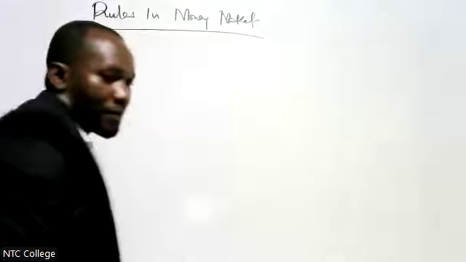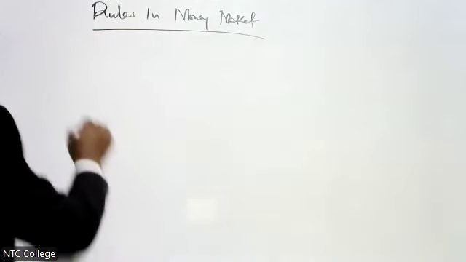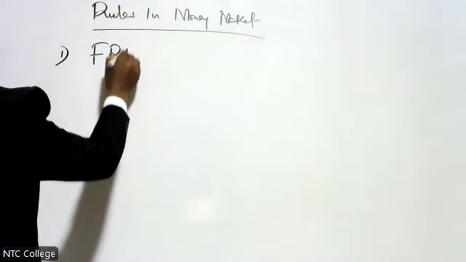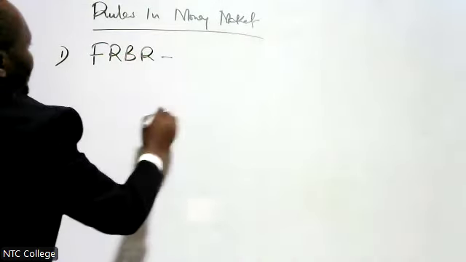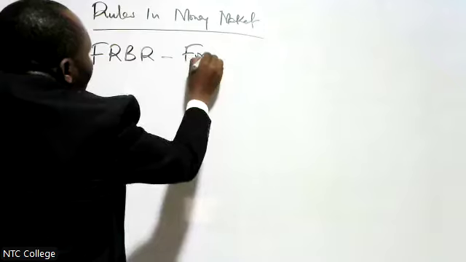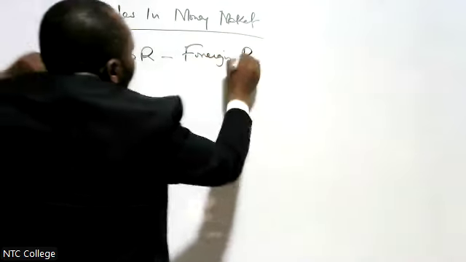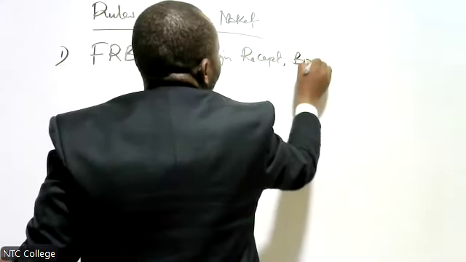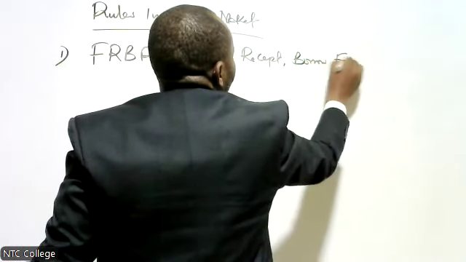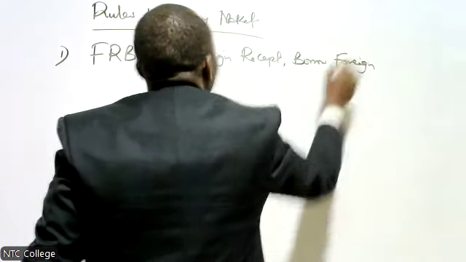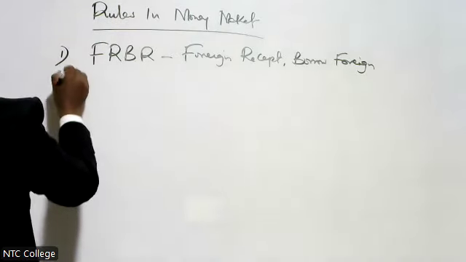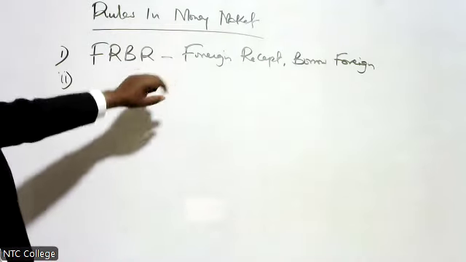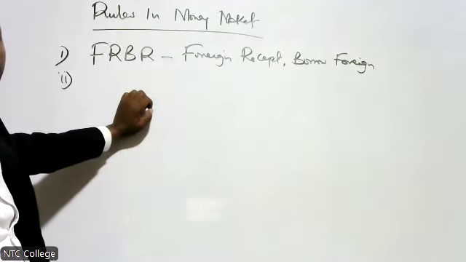Rules in the money market. The first rule, foreign receipt. That's the first one. Foreign receipt: borrow foreign. Number 2. So we agree that for a foreign receipt, you go and borrow in that foreign currency. If you borrow in foreign, it means that you're investing locally.